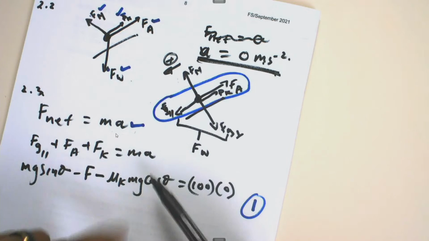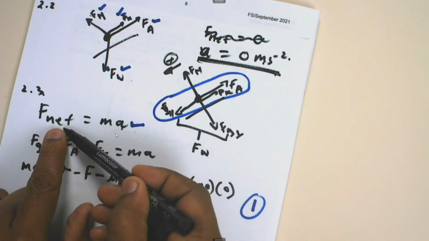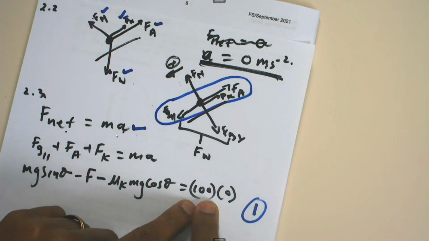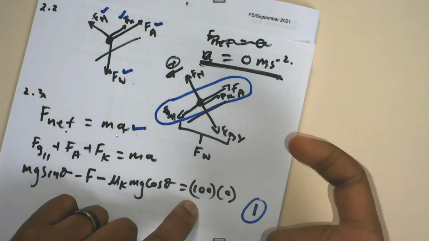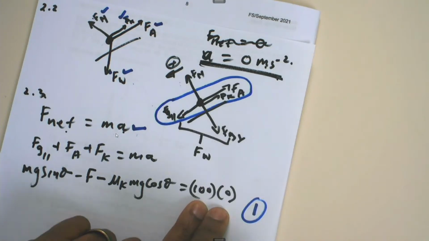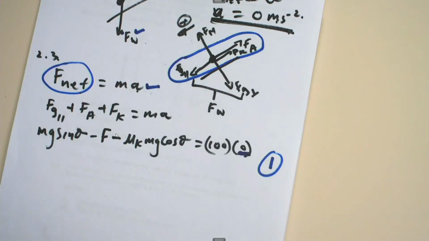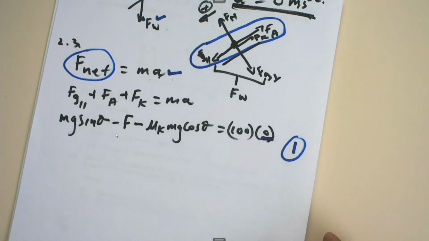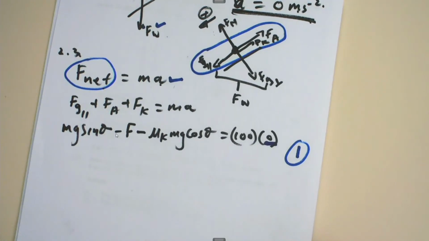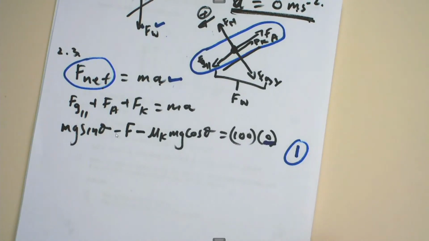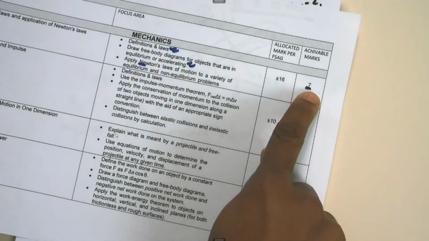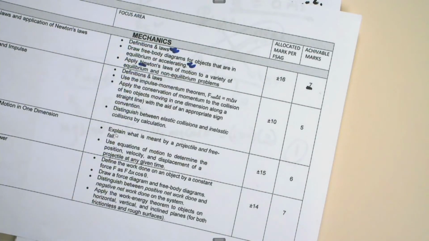Therefore, if the acceleration is 0, automatically the Fnet will also be 0. It's the underlying concept that we want you to understand. Newton's laws is a topic in which I believe each and every one of us should be able to achieve maximum marks. But I outlined exactly how to go about at least getting a 7 out of the plus minus 16 marks.